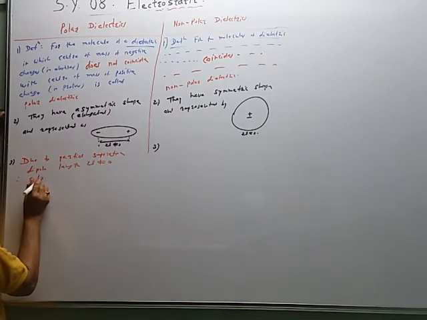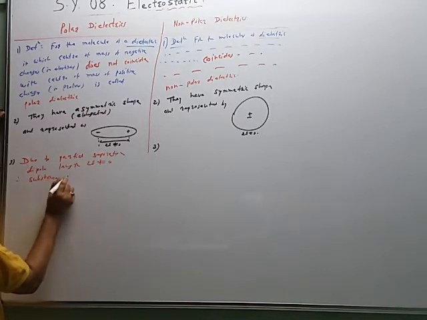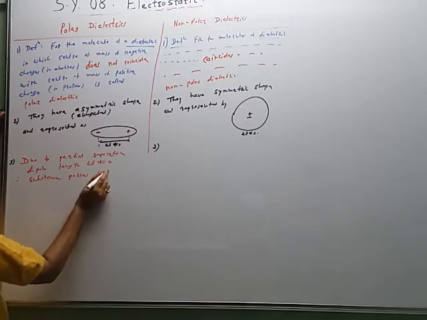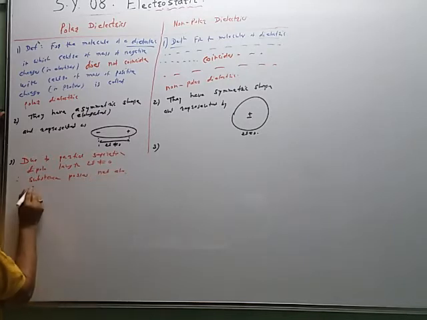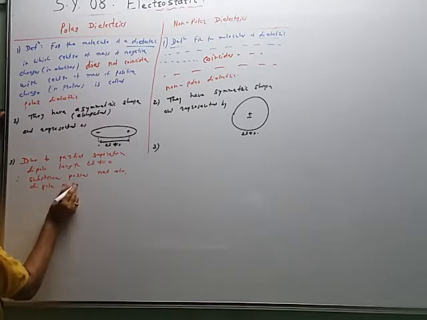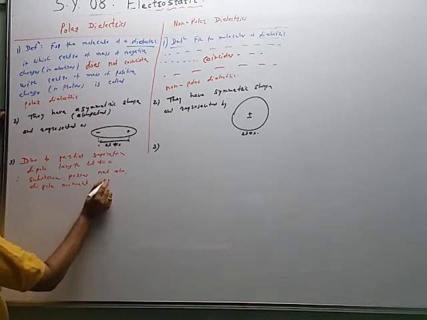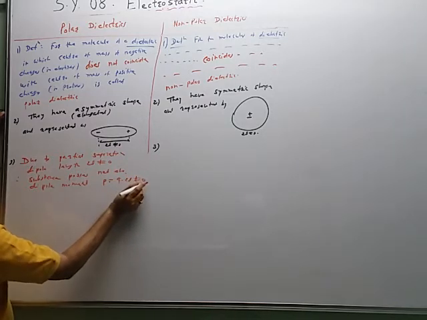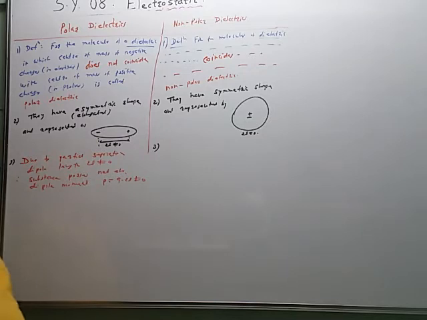Therefore, the substance possesses a net electric dipole moment P equal to Q multiplied by 2L, not equal to 0. So the substance possesses the electric dipole moment.